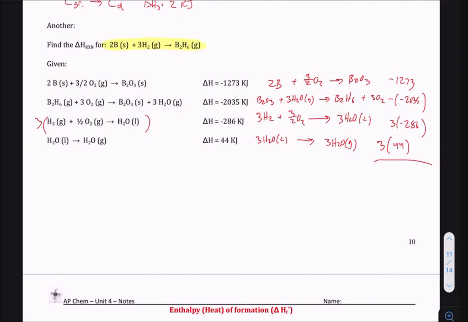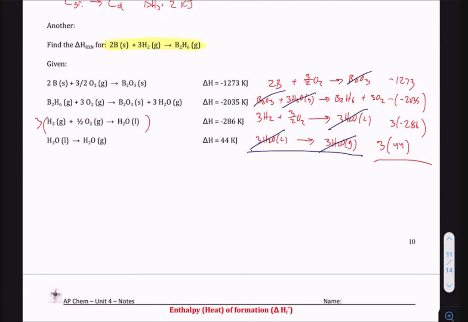All right, let's see what shakes out. B2O3, we said that's the first thing canceling. There's one on the product side, there's one on the reactant side. That's gone. Water in gas form, 3 moles of water gas on the reactant side, 3 moles of water gas on the product side. Gone. Water in liquid form, 3 moles of liquid water on the reactant side, 3 moles of liquid water on the product side. Our final equation has no oxygen in it.